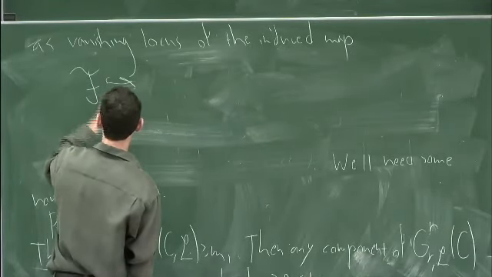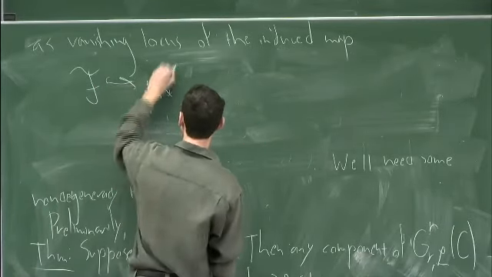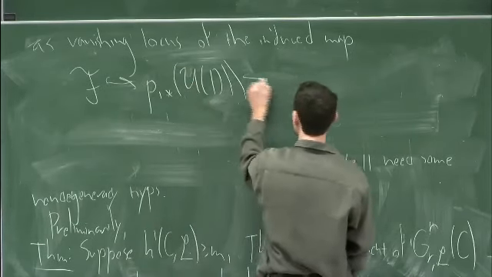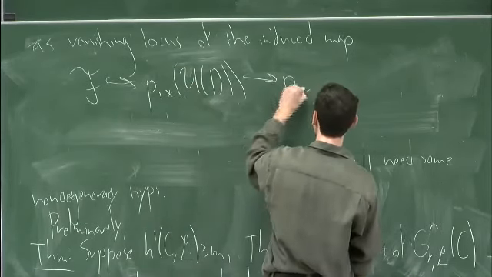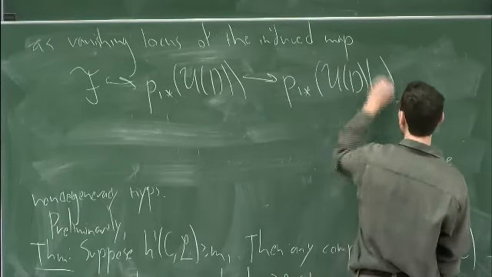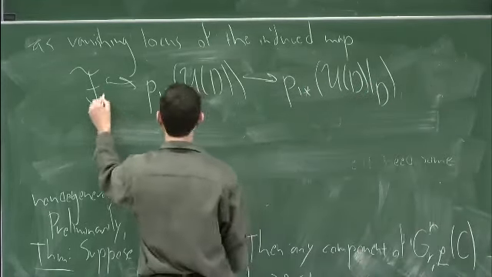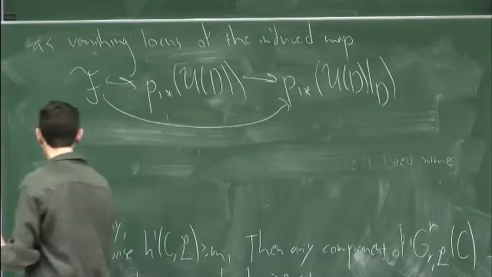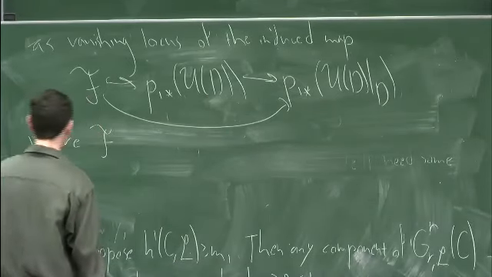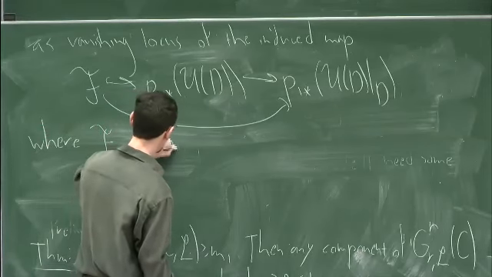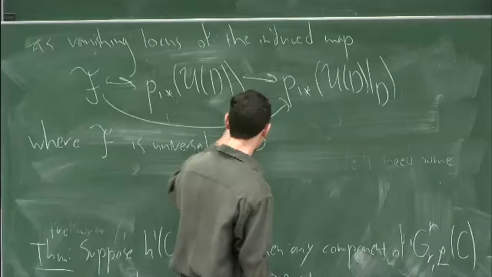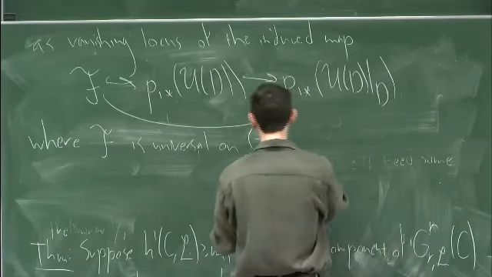F injects into this push forward, and then that in turn surjects onto the push forward of U_D restricted to D. So this is the induced map, where F is the universal bundle on G. Okay, so that's the statement.